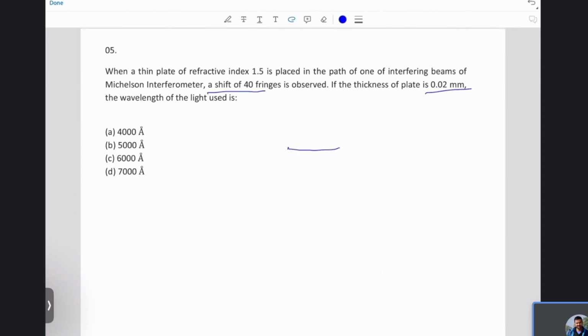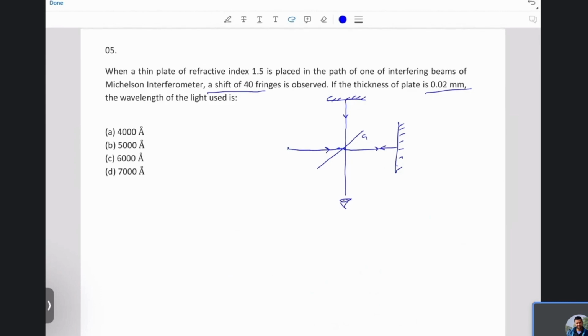So what is given here is that, we had this setup for Michelson interferometer. Right, this is our silver glass. We had a mirror here, and then we were observing the interference pattern here.